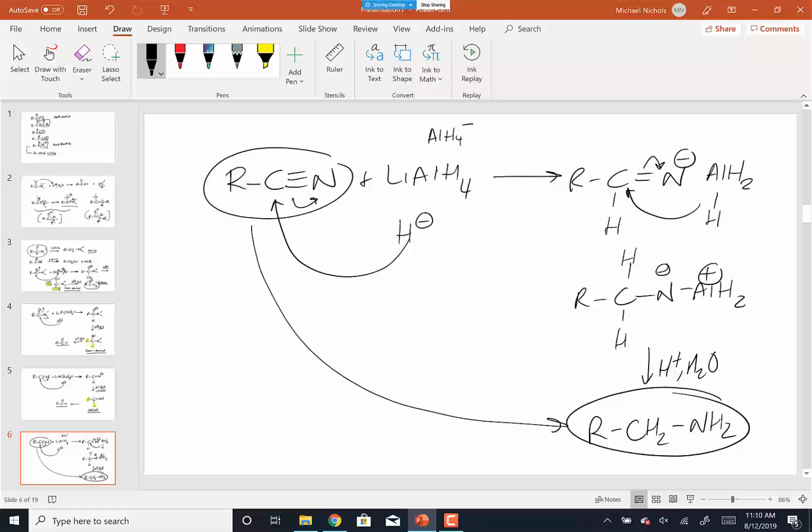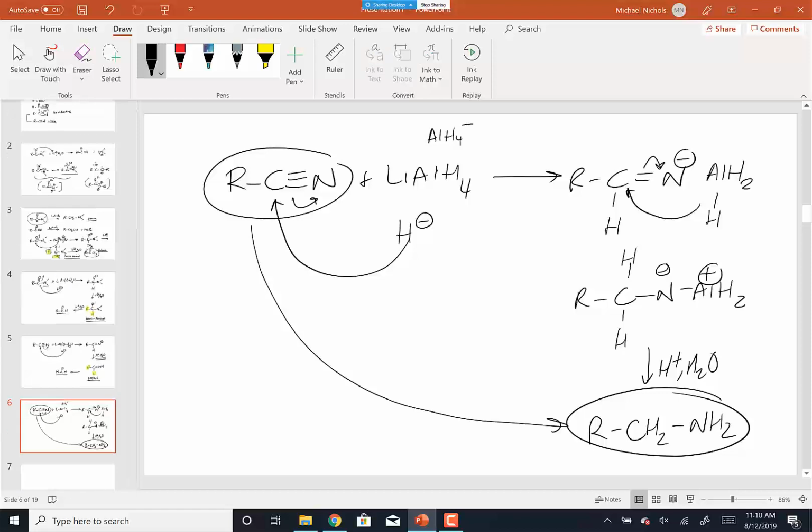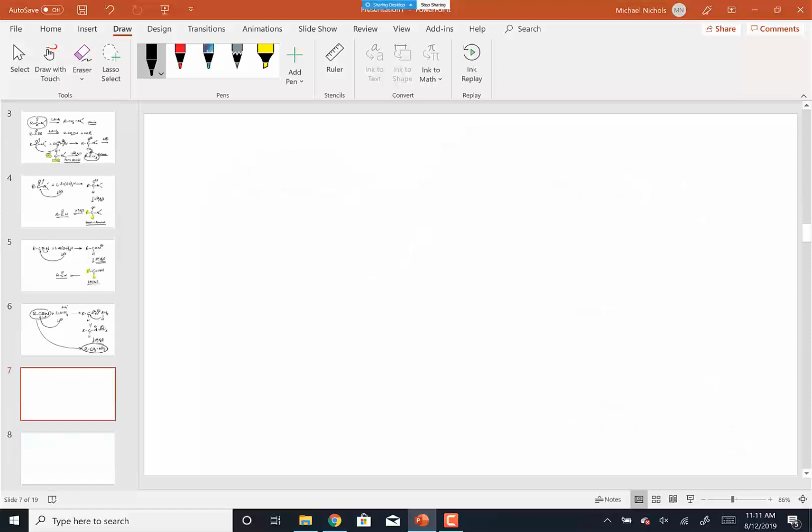Let's see, what else do we have to do with nitriles? We did Grignards, right? No, we didn't do Grignards. All right, humor me. I'm going to go ahead and add my Grignard.